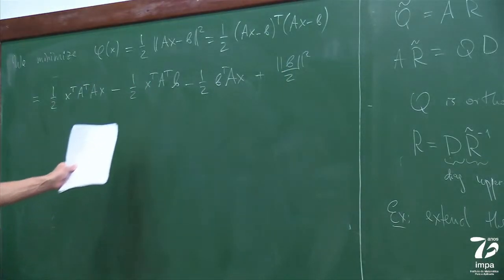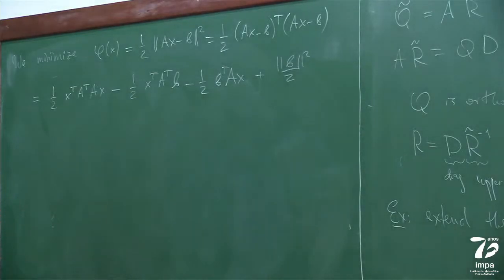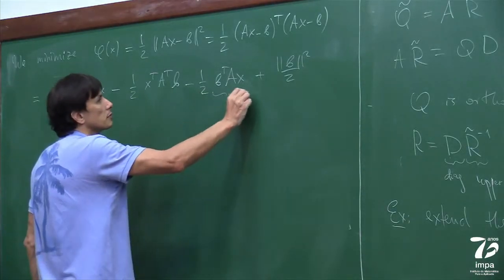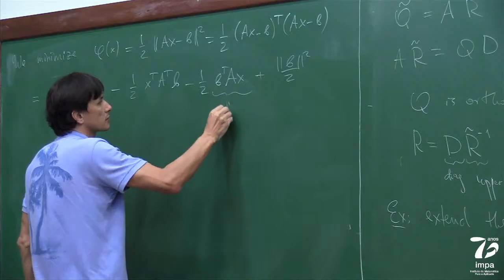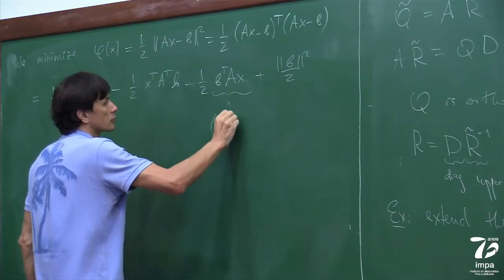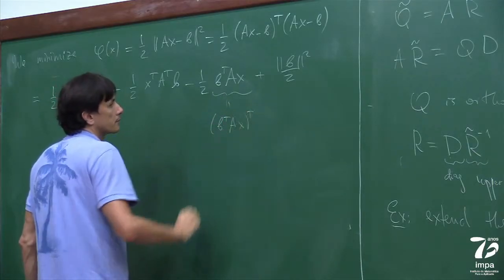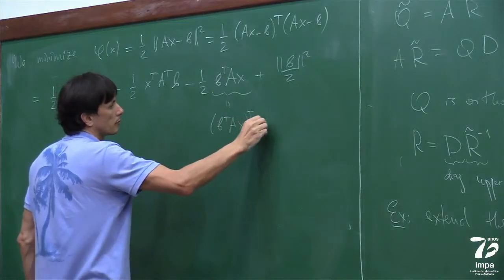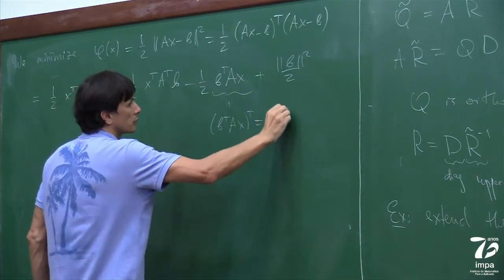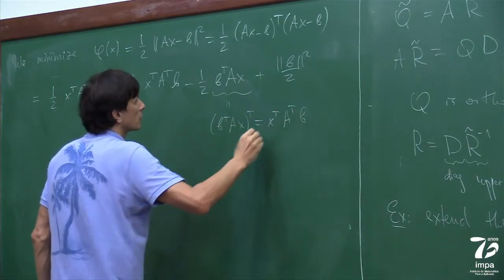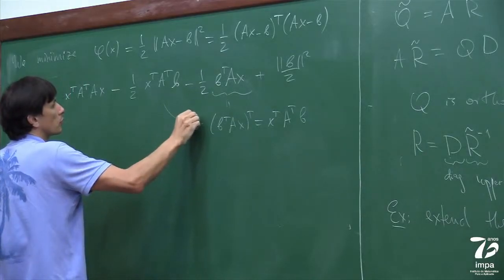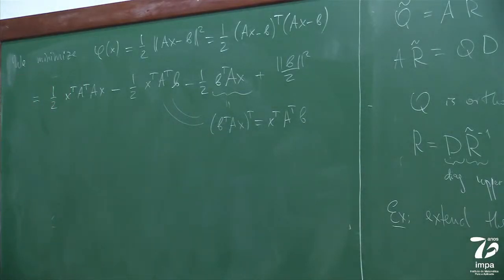Now look, these middle terms are both numbers, so you can, for example, take one as equal to its own transpose, because the transpose of a number is the same number. Applying transpose to each of the terms, you see that this is exactly equal to the previous one, so we can put them together.